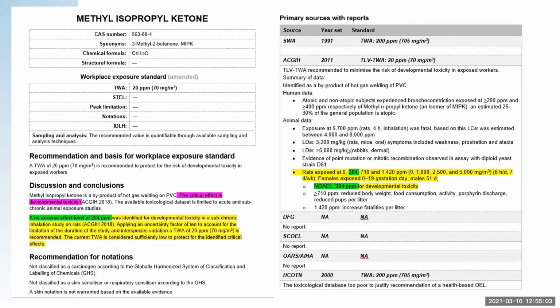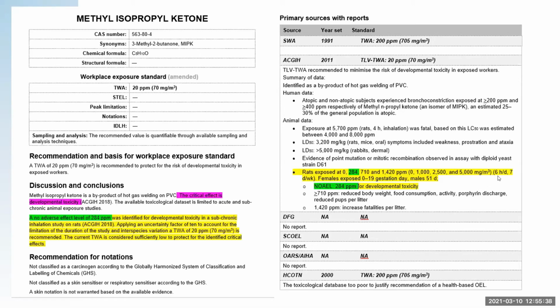Let's have a quick look at the study over here. This is kind of interesting. Rats were exposed at these doses. A group of rats was exposed at 0, your control group, then 284 ppm. These are the equivalent milligrams per meter cubed, but I'll just talk to ppm. 284 is your null. A group of rats were exposed at 710, and the last dose group was 1,420 ppm.